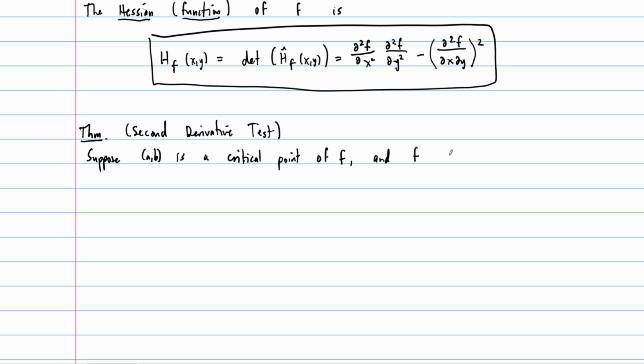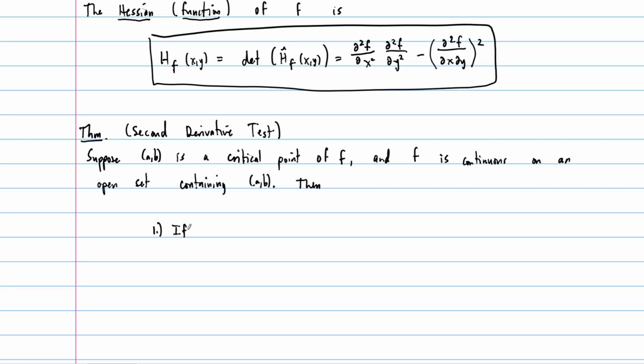And further, f is continuous on an open set containing this point. So we have to write all this out, but an open set containing our point (a, b). Then the following are true. There's three different possibilities here, okay?